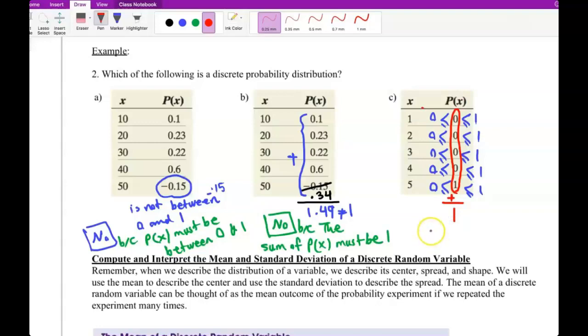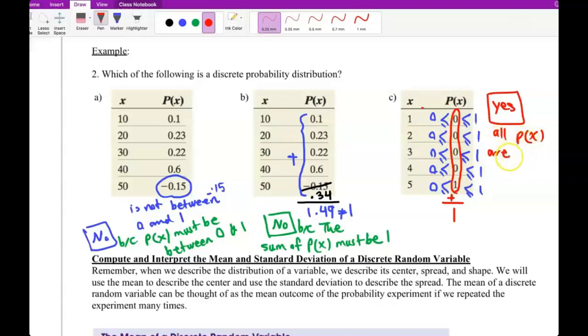So that means we pass both rules. So the answer is yes, that is a discrete probability distribution. This is the probability of x1. You can say P of x1, x2, x3, x4, x5, because we have 5 values in that part.